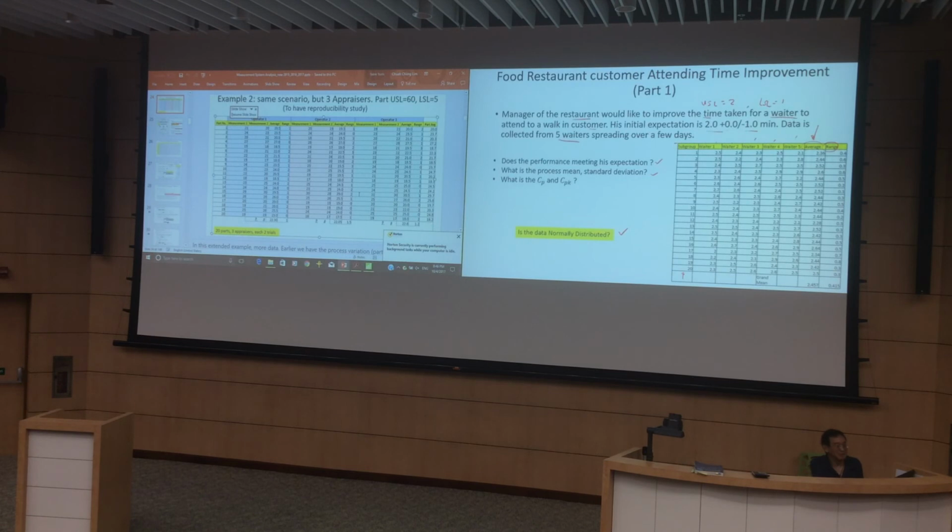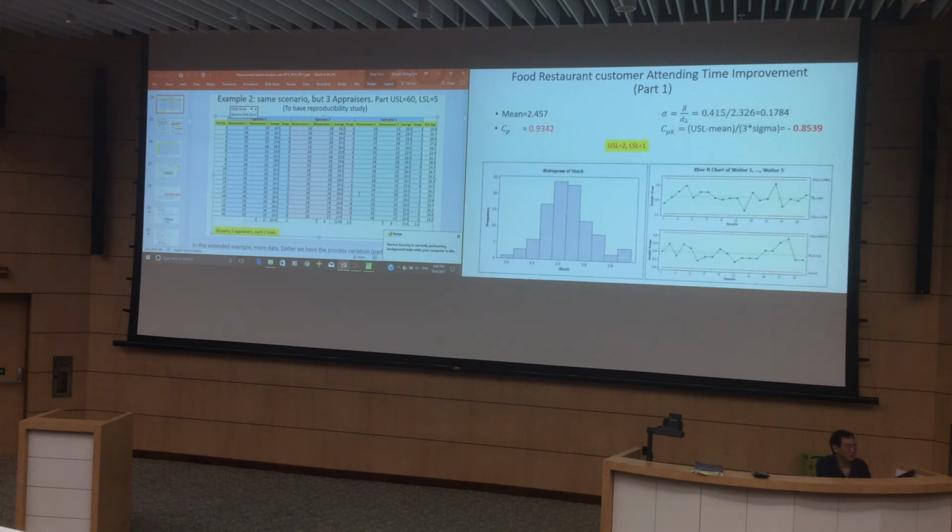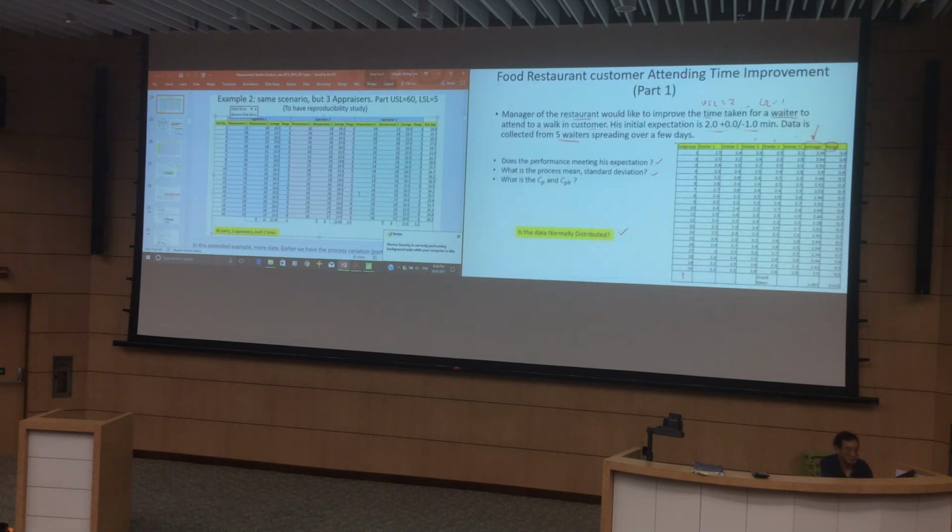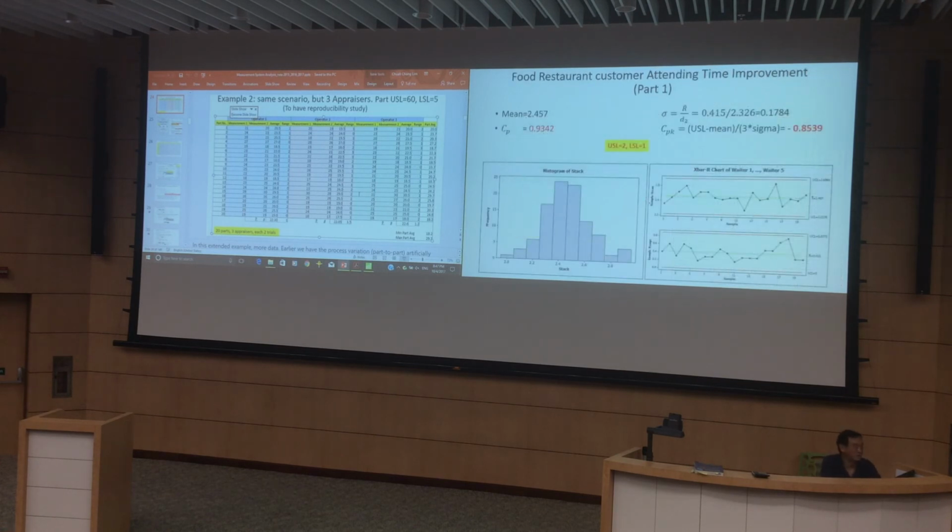You plot all the X-bar values, and then you can get the mean. We have 20 sample subgroups. What is the n? 5, right? So we can do all this.